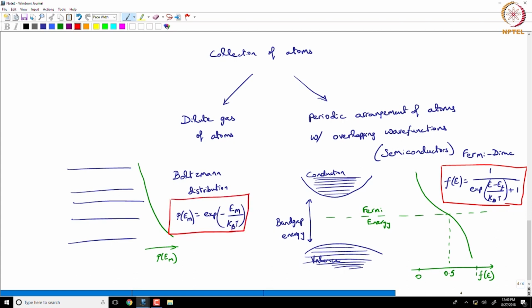Why are we talking about all this? Because as we move on to understanding absorption and emission, we will realize that absorption and emission depend on the kind of atomic system that you are dealing with. It is different for these two atomic systems. We will look at traditional atomic systems where you model this as a dilute gas of atoms, and you will follow the Boltzmann distribution.